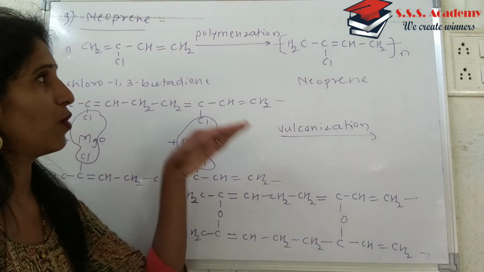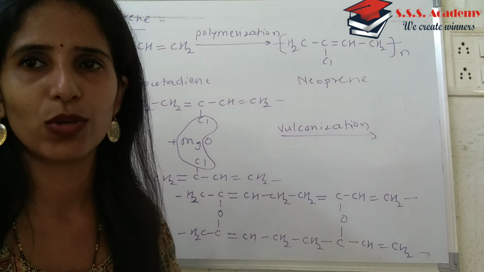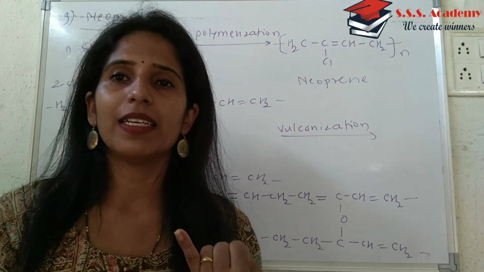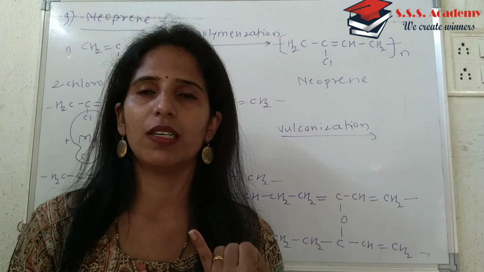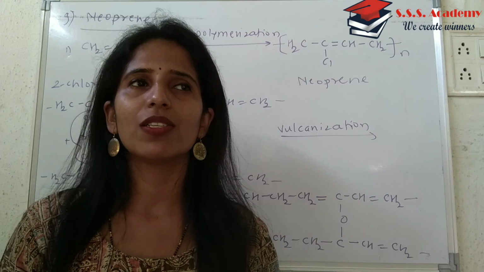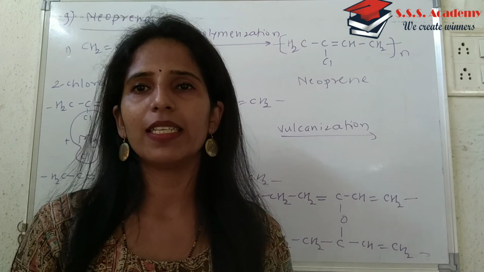So clear? For writing neoprene, you are supposed to write this much along with those 4 points I told you earlier. One, it is a synthetic rubber, and it is a condensation polymer of chloroprene, that is 2-chloro-1,3-butadiene. Second, you will write it is resistant towards petroleum and vegetable oils, heat and light.